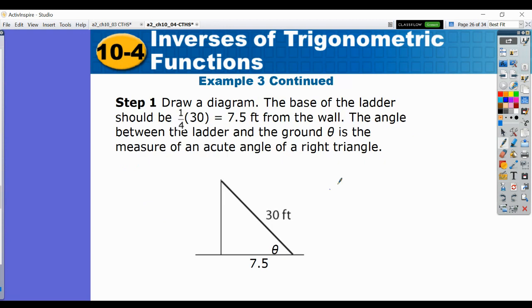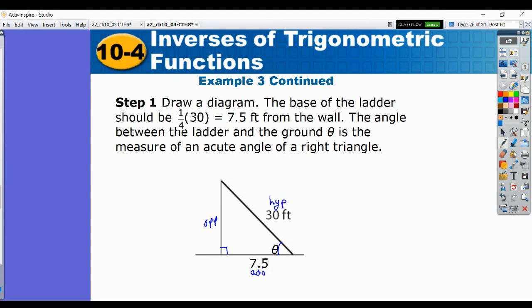So I have a picture here. We're looking for the angle between a 7.5 distance here and a 30 distance here. Notice this is not to scale. And we do have a right triangle because our wall is vertical. Now, how am I going to solve this problem? It's possible you might remember this from geometry, but I have opposite over here, adjacent, and hypotenuse.